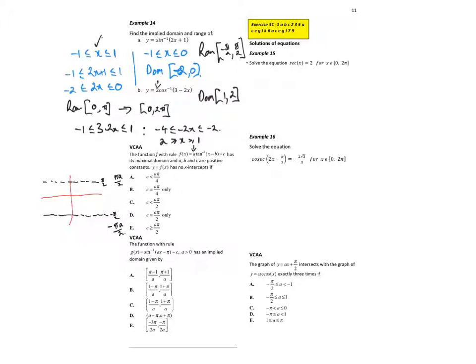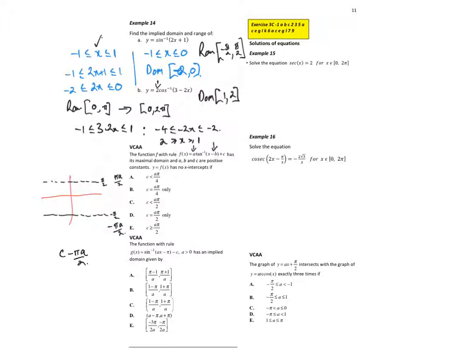So has its maximal domain. So all the B value is going to do is shift it left and right, so that's not really relevant. So the plus C, we're going to assume it's a positive constant, so we're shifting the whole graph up. So we're going to shift the whole thing up. So my asymptote is going to be at C minus pi A on 2.